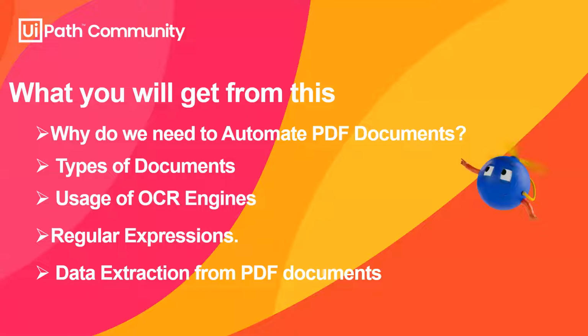The first thing is why we actually need to do PDF automation. Why is PDF automation so important, and why are companies looking so much into PDF automation? PDF automation is something where we have major manual work. That's where the automation potential comes into the picture. In any company or any space, a lot of PDF documents will be there.